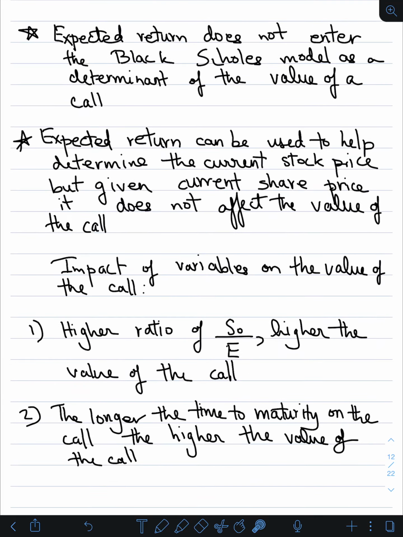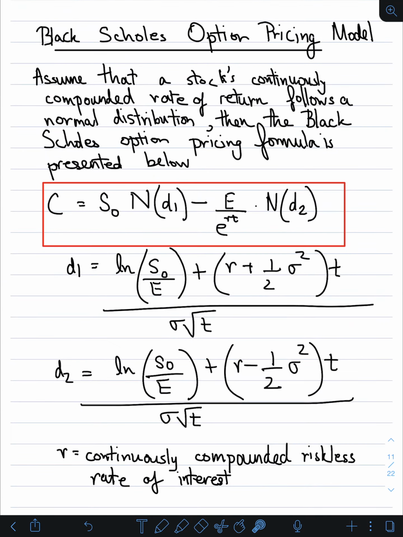And we can observe these relationships from our formula. We can see that this ratio features in here. This ratio is the ratio of the stock price to the exercise price. This is T, the time to maturity.